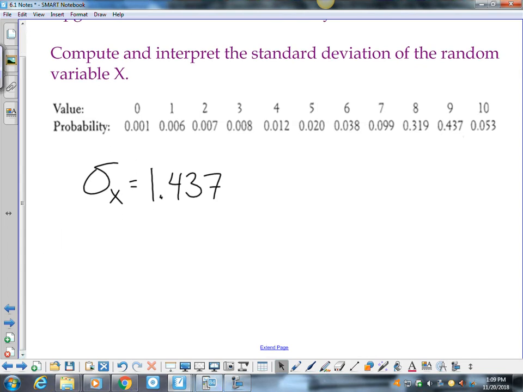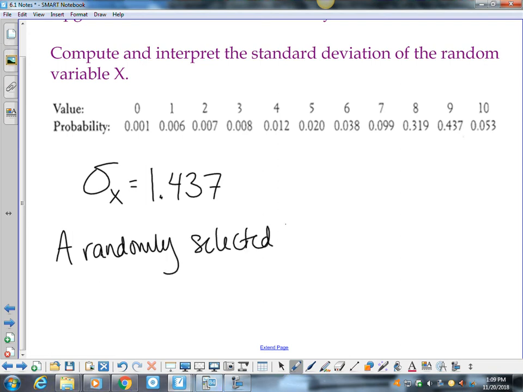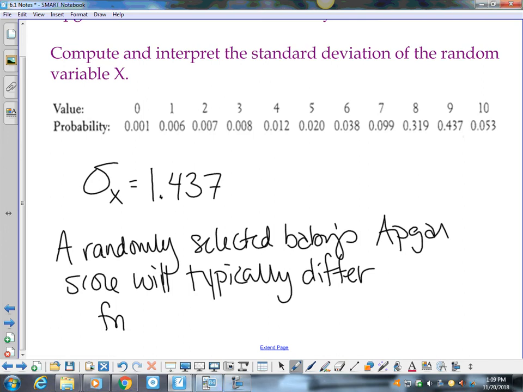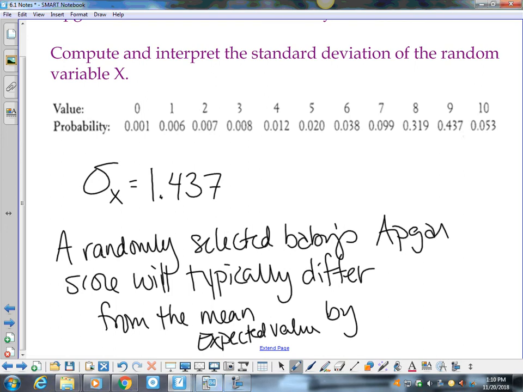Okay. A randomly selected baby's Apgar score will typically differ, I'm going to use, from the mean, but here you could also say the expected value if you wanted to, by about, that's the cover your butt, 1.4.